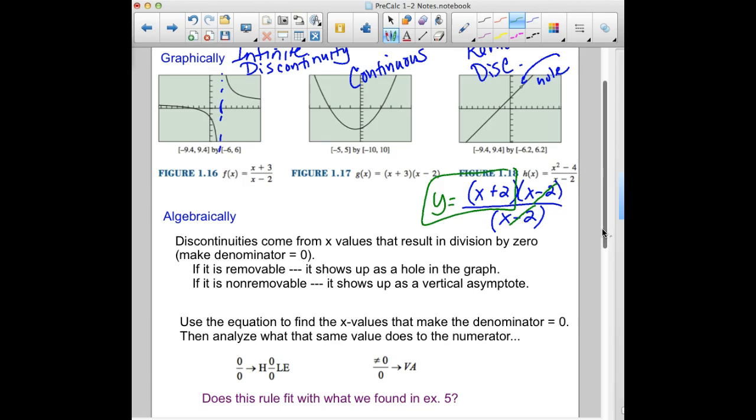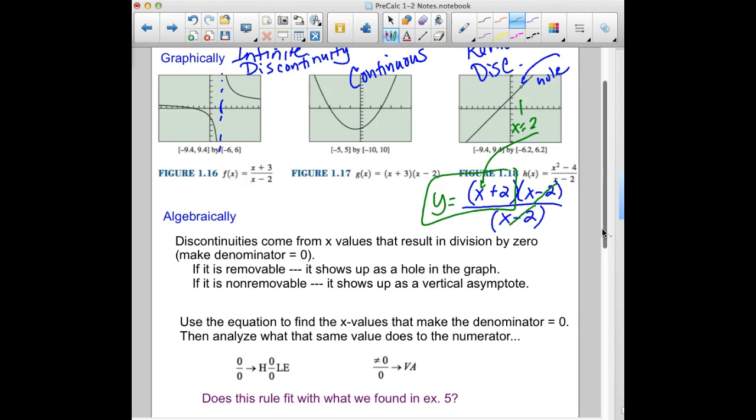If you are trying to locate where the hole should be, what you can do is eliminate the x minus 2's, and just use the basic linear function here, y equals x plus 2. And when x is 2, what do we get for our y value?